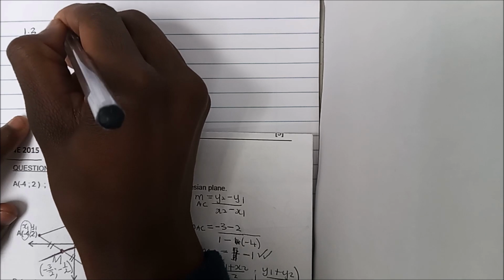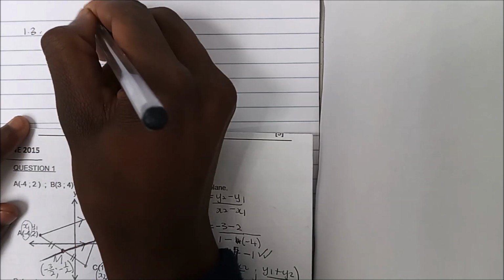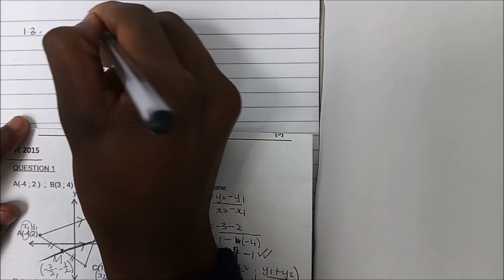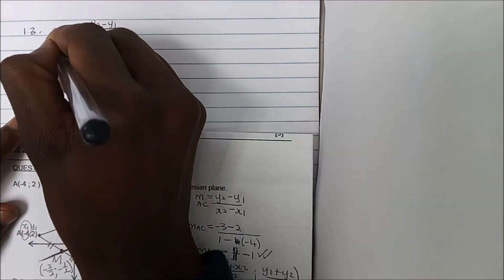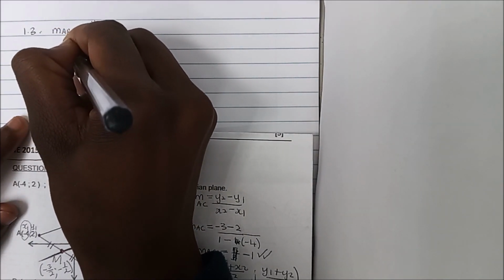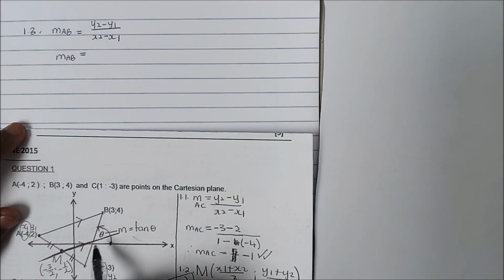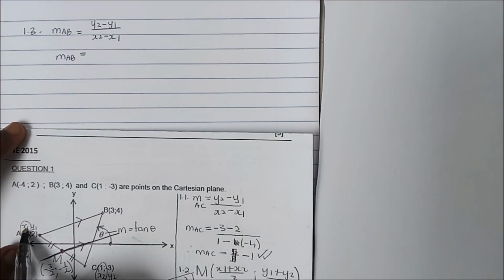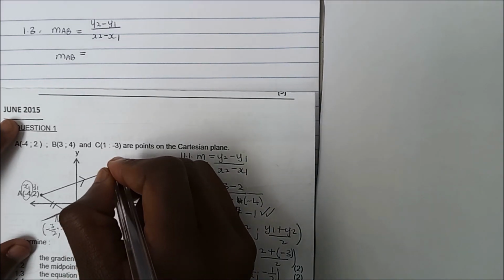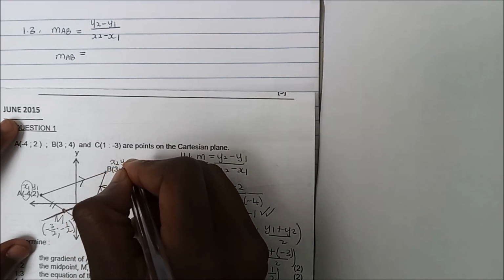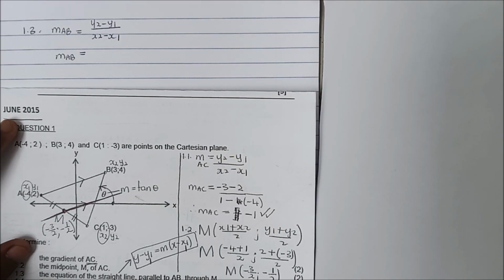The gradient of AB will be y2 minus y1 over x2 minus x1. So now we need to name the coordinates. We know this is x1, y1. So we can make B x2 and y2 and then make substitutions into our formula.